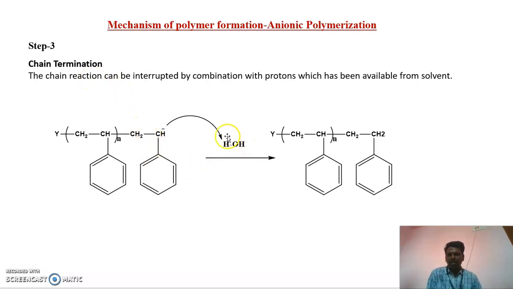Any solvent molecule, here a water molecule, can terminate this polymerization reaction. It donates H plus ions, thereby this negative charge is neutralized by the H plus ion, and the polymerization reaction is completed. So these are the mechanisms involved in these different types of polymerization processes.